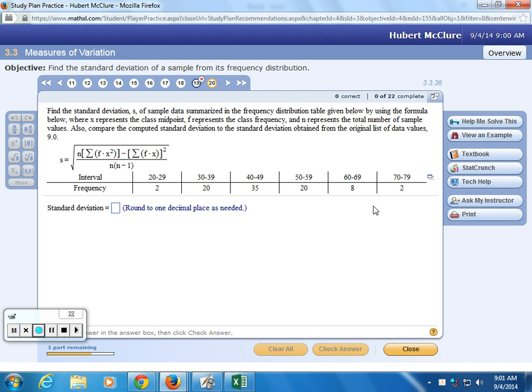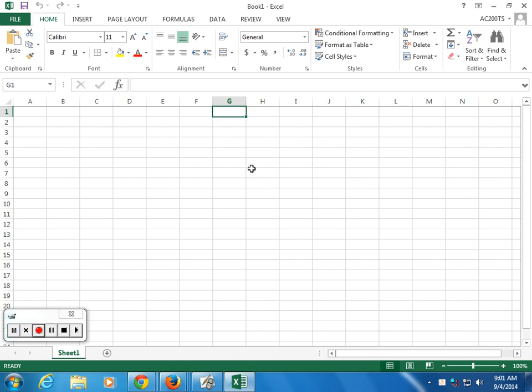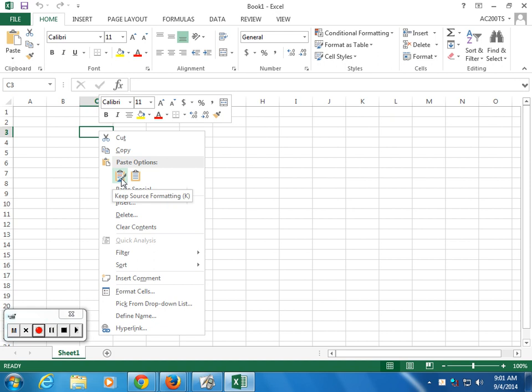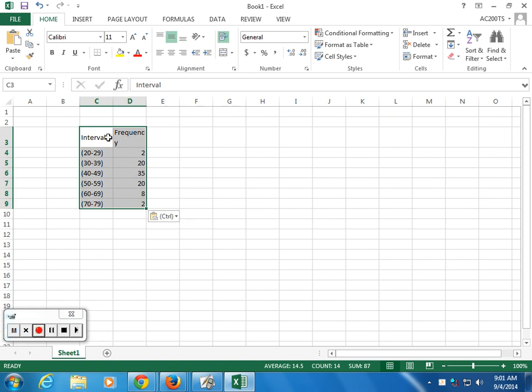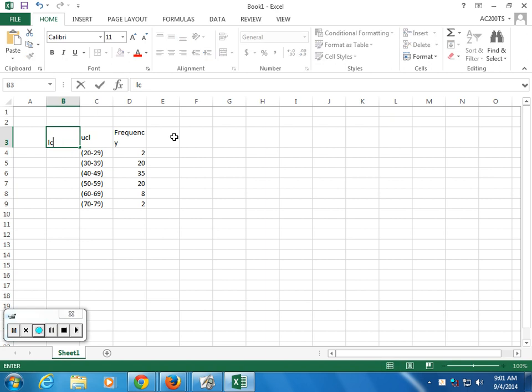I just forgot to. All right, so now I take it over to the spreadsheet, and I just put it right here, and I hit paste. And there it is. Now, I'm going to call this the upper class limit, and I'm going to put lower class limit here. I'm going to retype those in because it's not going to do us any good to have them like that.